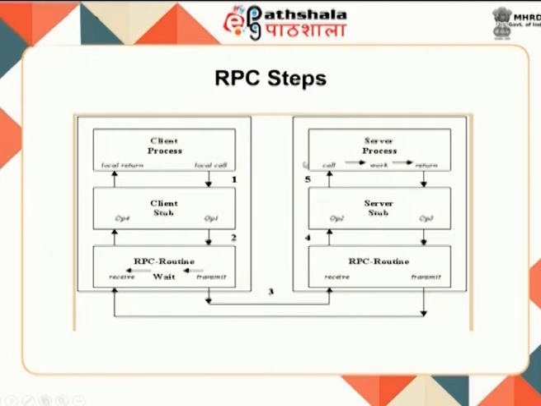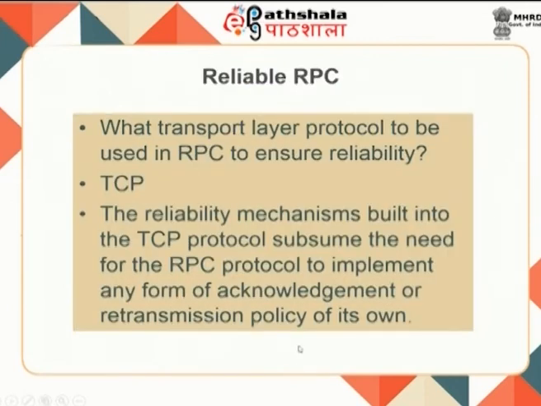It is unmarshalling and giving it to the server process. The server process sends the result, and the stub sends it to the OS. The OS then sends it to the client OS. Client OS delivers it to the client stub, and client stub delivers it to the client process. So, typically RPC will be made reliable by the use of the TCP protocol as its transport protocol.